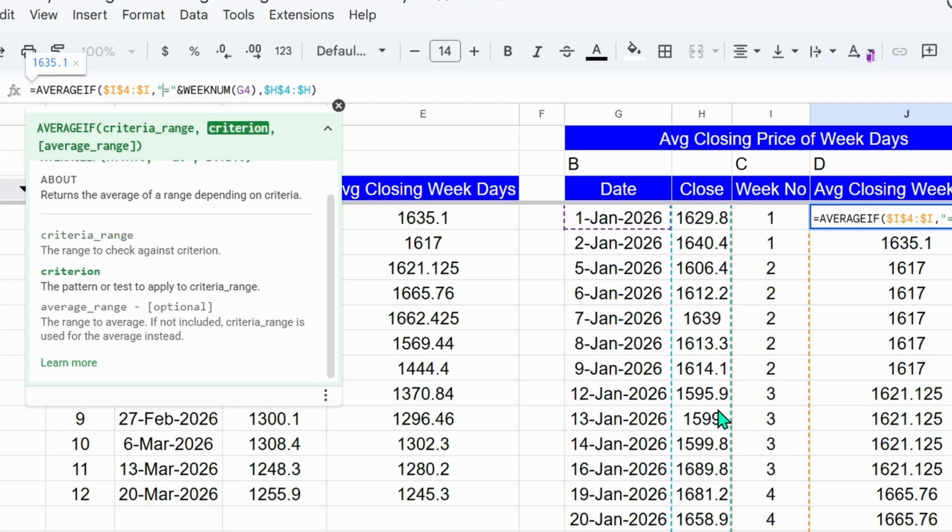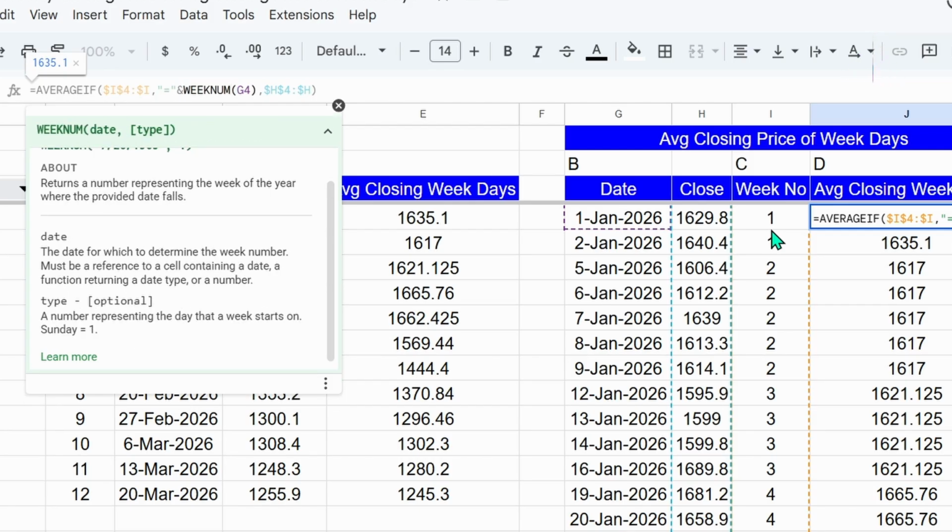My criteria should be equal to the current week number. That current week number is in I4. So here I'm writing, dynamically, equal to, then I use an ampersand, then the week number of that G4. So basically I am finding matching rows using this.